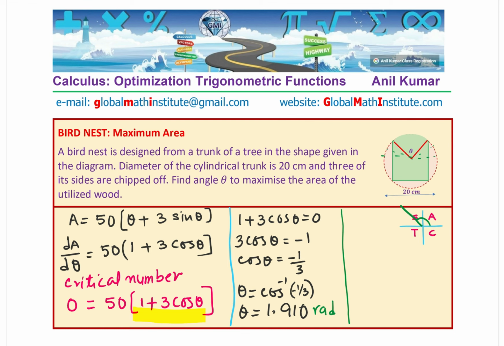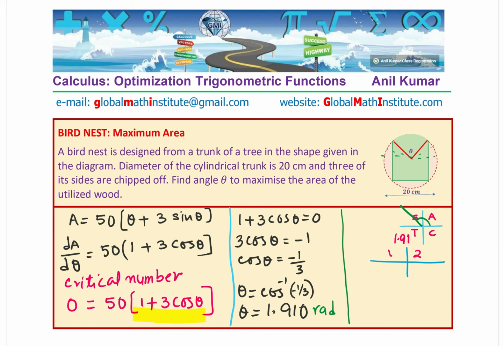So let's analyze this. Our critical number is 1.91. On the left side we can take 1, and on the right, let's take a value of 2.